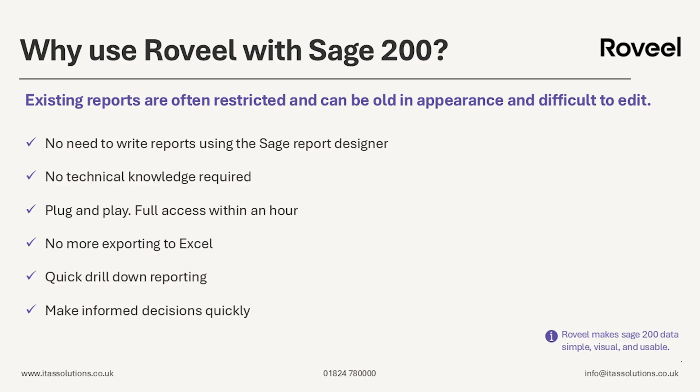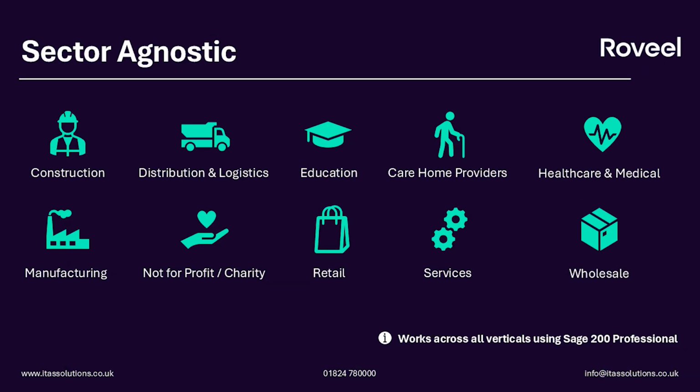So in terms of the sectors, we are sector agnostic. You know, we say Sage 200 often has manufacturing, construction, distribution, wholesale. However, there's also not-for-profit, charity, retail, healthcare and medical businesses. Obviously, that's potentially healthcare wholesalers, that sort of stuff.